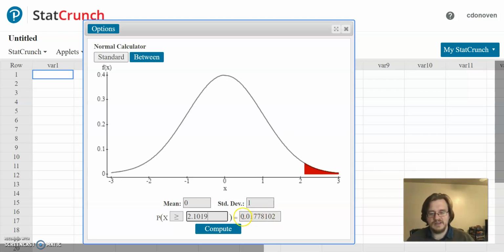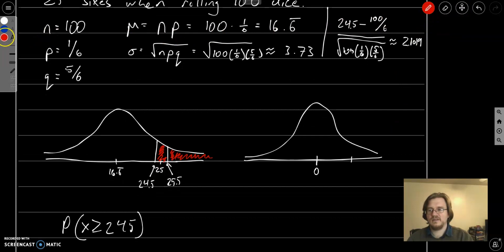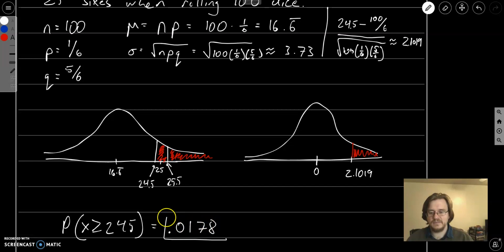So our probability is going to be 0.0178.